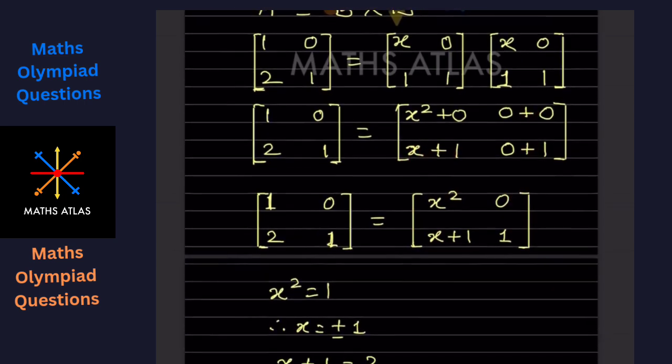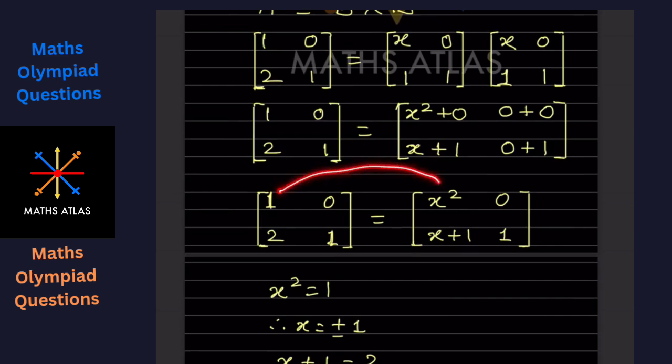So now what you can see here, when we compare this and this, x square is 1. Whenever x square is 1, x is going to be plus or minus 1. We are going to take the root, right? So that will be either plus or minus 1. Now look at here, this x plus 1 is equal to 2. So this is what I wrote, x plus 1. So x here, again what are we going to get? 2 and plus 1 will become minus 1. So x is going to be 1.